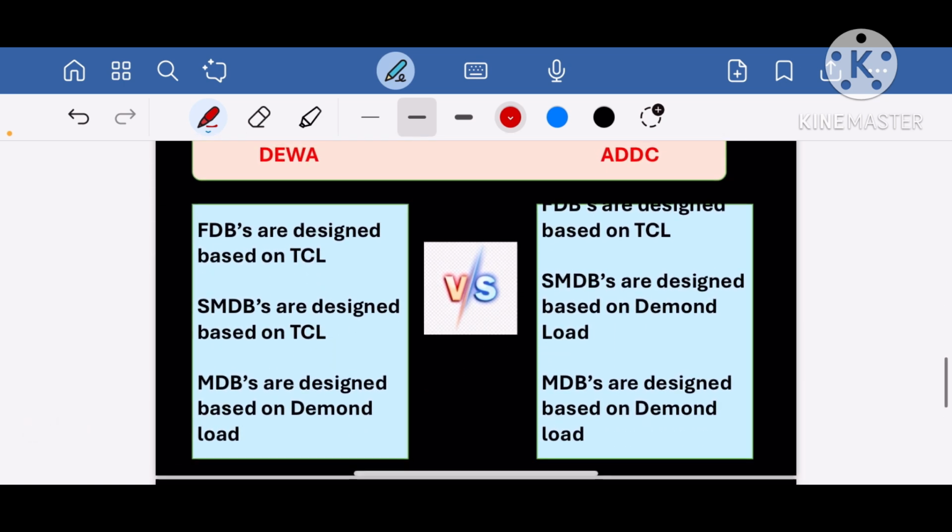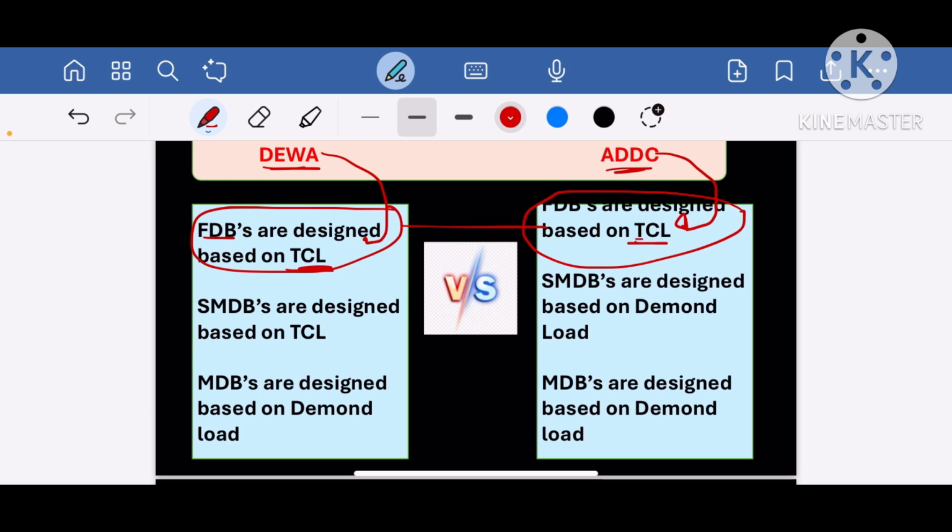Now let us move to the other difference. This is one of the major differences between DEWA and ADDC, and very important. If we design the FDB as per DEWA regulation, then we have to consider total connected load. When we are designing FDB as per ADDC regulation, then we also have to consider total connected load. It means for FDB designing for both ADDC and DEWA, we have to consider total connected load.